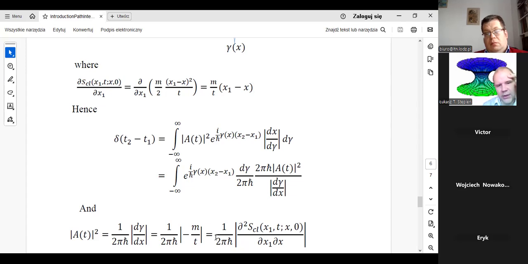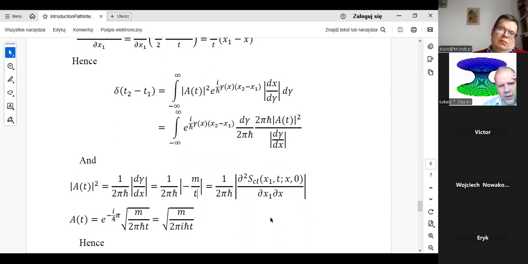If we look into S classical, we can write this term as the second derivative of S classical with respect to x1 and x.